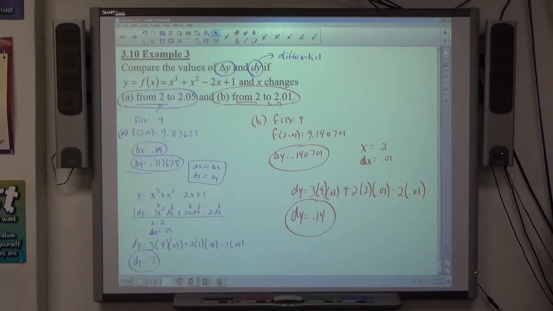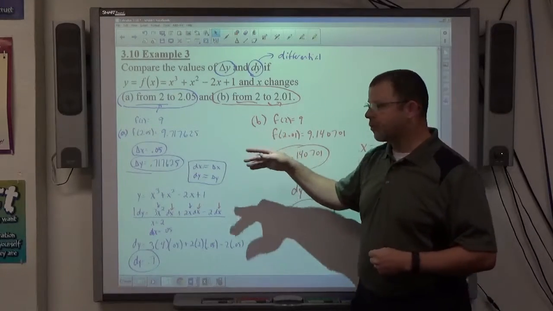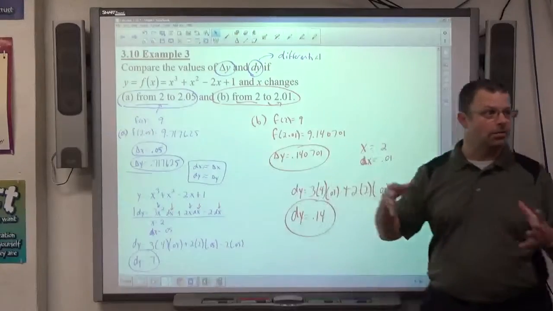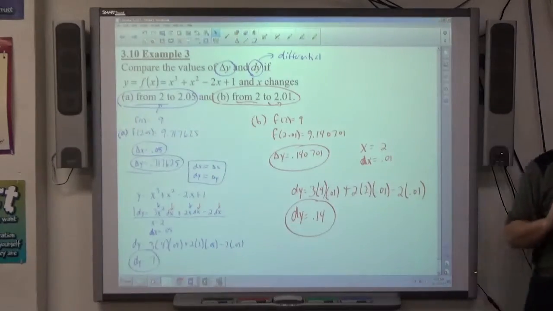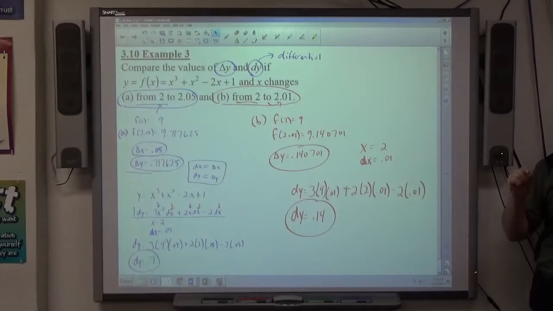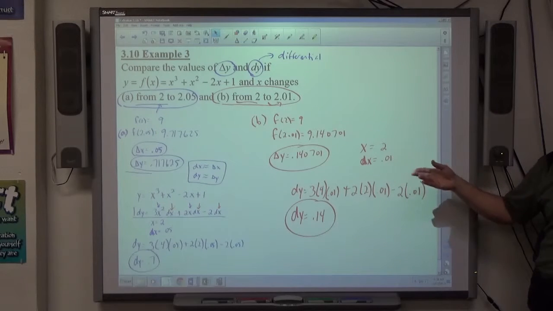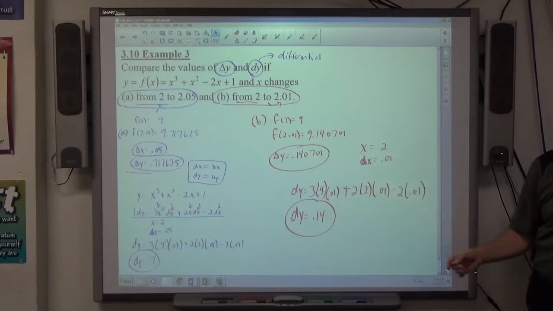How far apart from 2 they are? So the delta x here is smaller, and the discrepancy in delta y and dy is smaller, right? That's going to be a key to these problems. The closer you are to the actual point of interest, the smaller the delta x is, or in this case dx is, the more accurate the comparison between these two numbers is going to be.